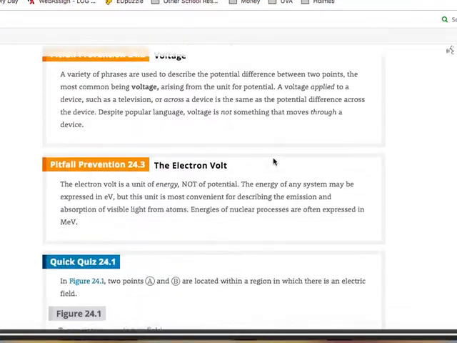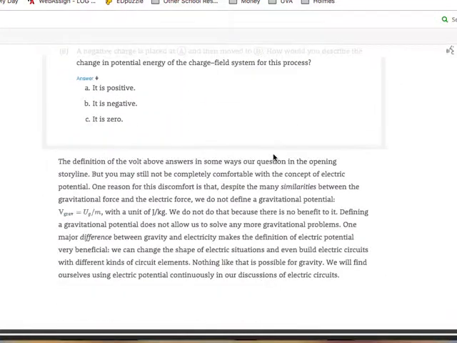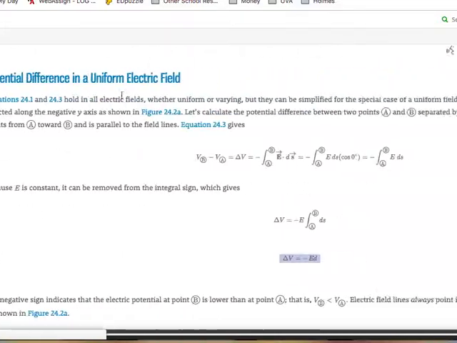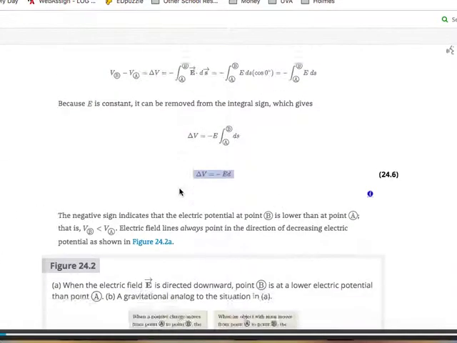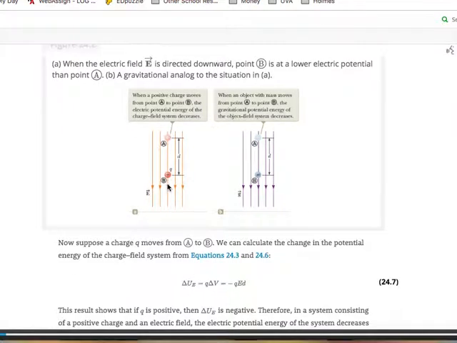Let's see if I can find a diagram for that for y'all. So here we have an electric field, and we have a potential at point A, and we have a potential at point B. And if I'm going to move my charge from point A to point B, then there will be work done on that charge.